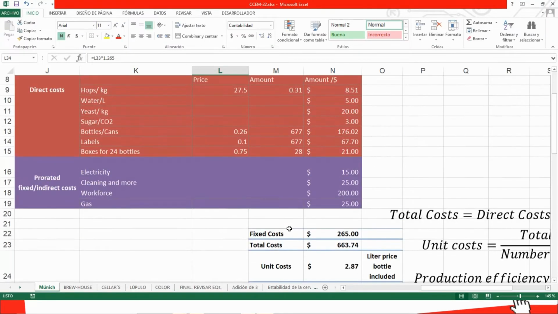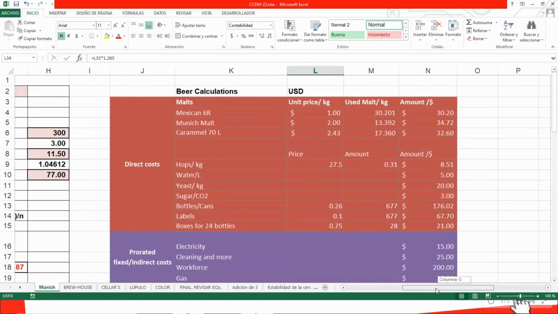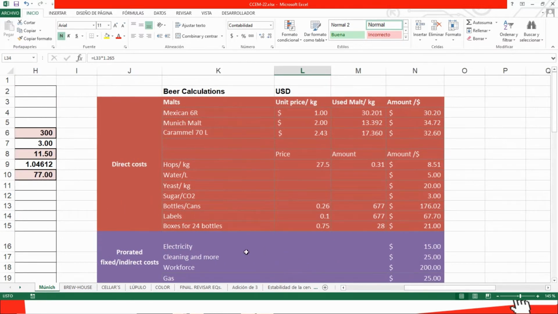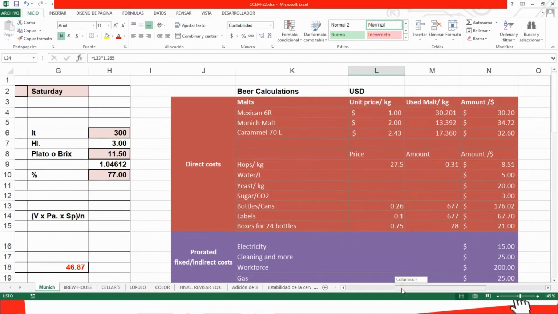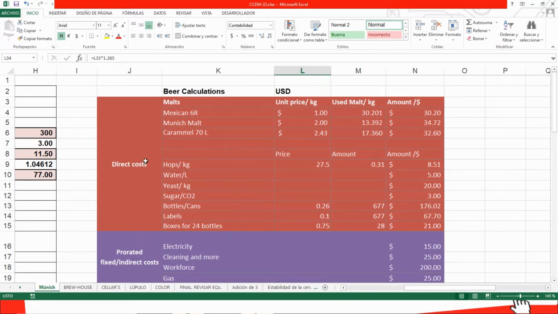Well, this is my Excel of one batch of production, and as I have told you before, I have here my production. This is my batch, 300 liters, and these are the raw materials that I need. The raw materials, remember, are my direct costs.